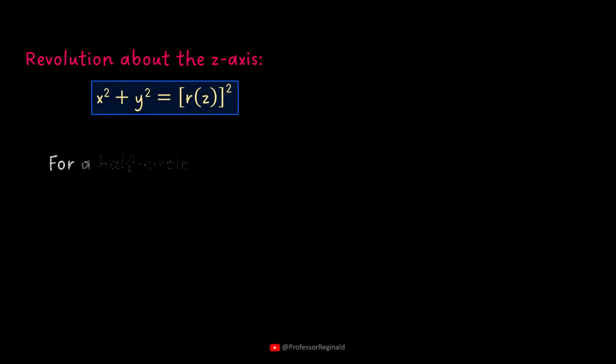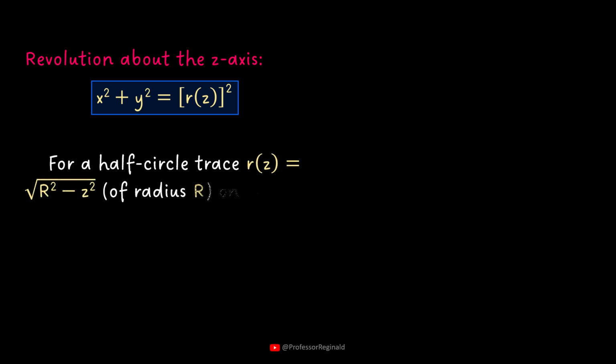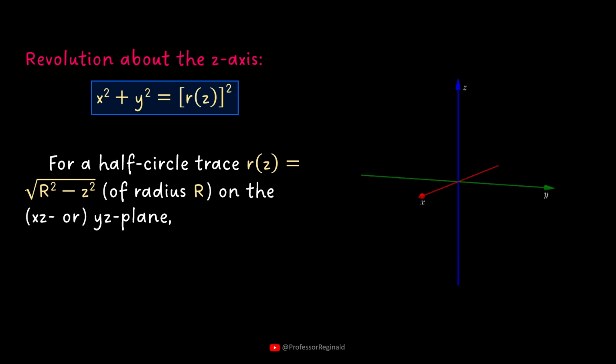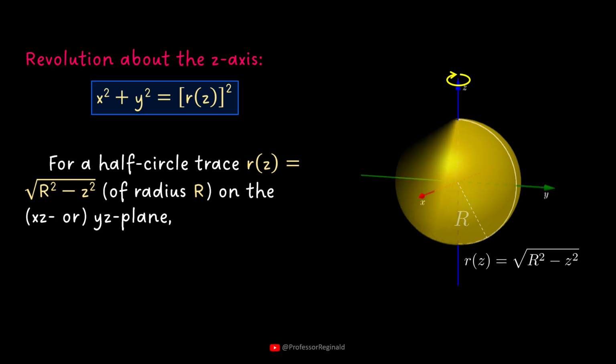For a half-circle trace r of z equals the square root of quantity r squared minus z squared on the xz or yz plane, revolve the curve around the z-axis to generate the surface. The equation of the surface of revolution about the z-axis is the following equation.